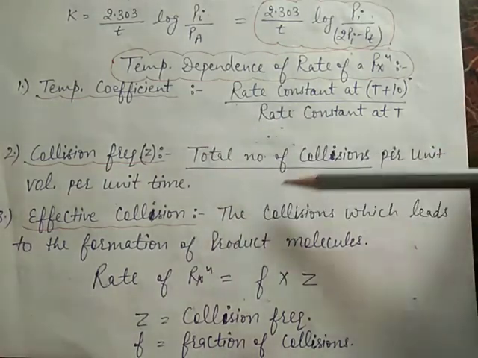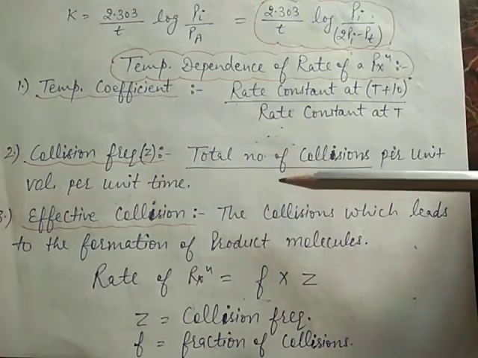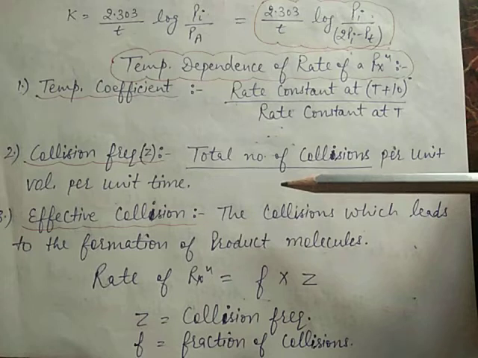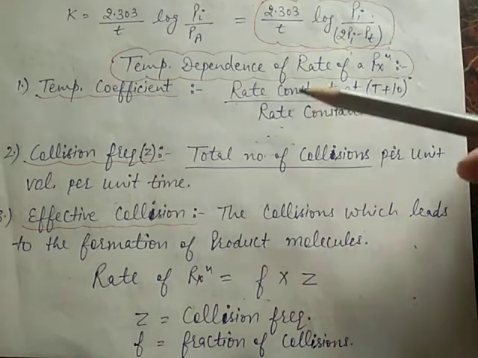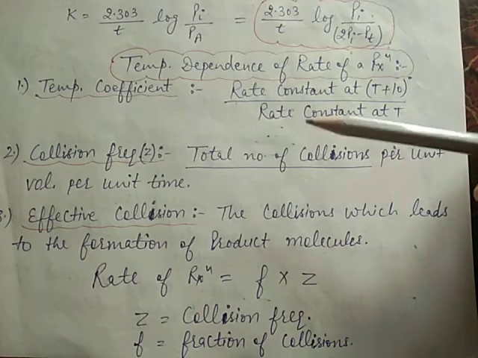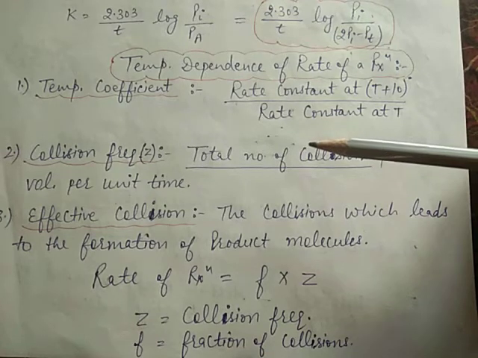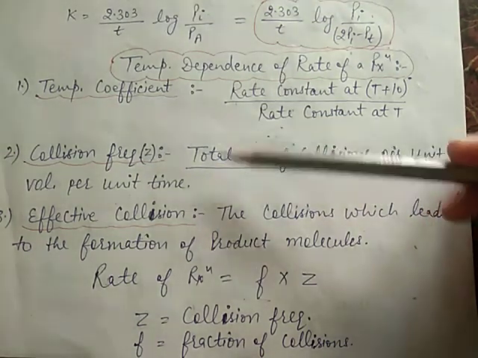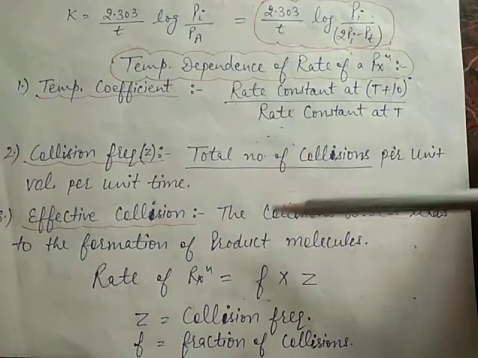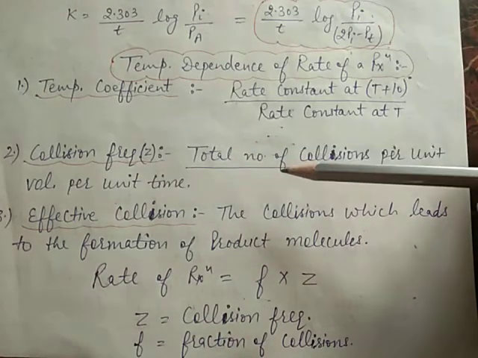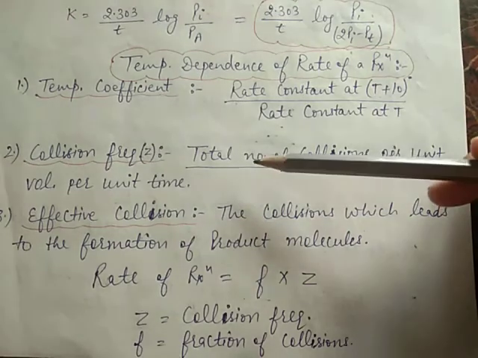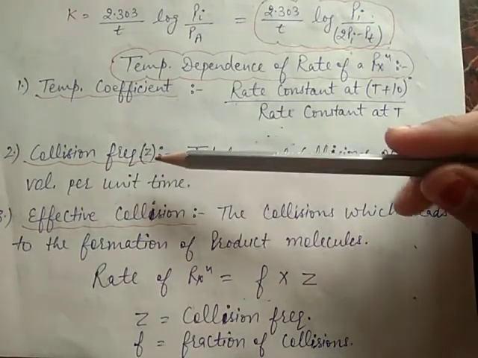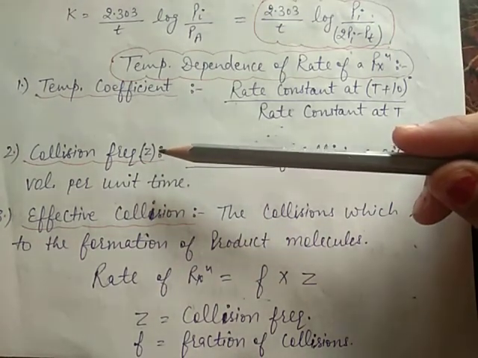Suppose a room is made up of molecules, and the reactant molecules collide with each other. So the total number of collisions that take place per second per unit volume is called collision frequency.